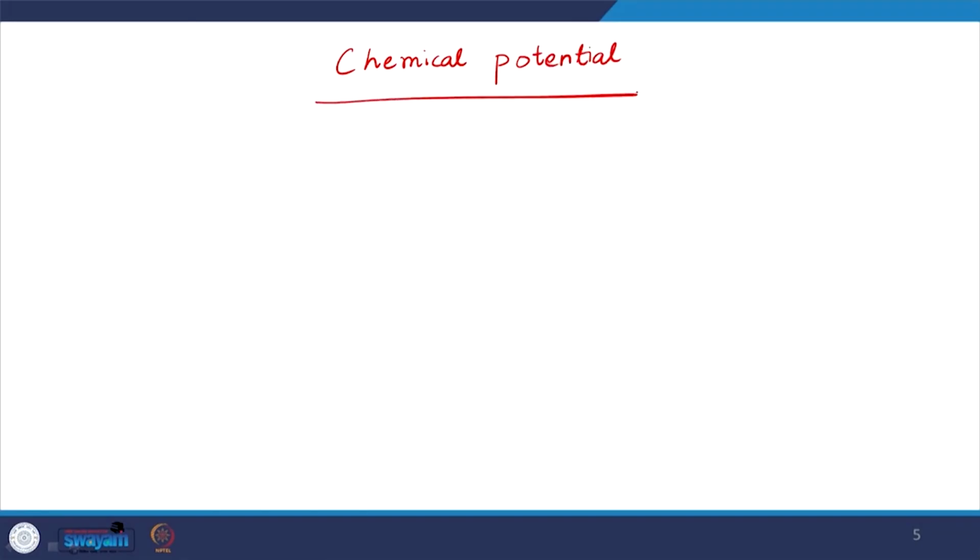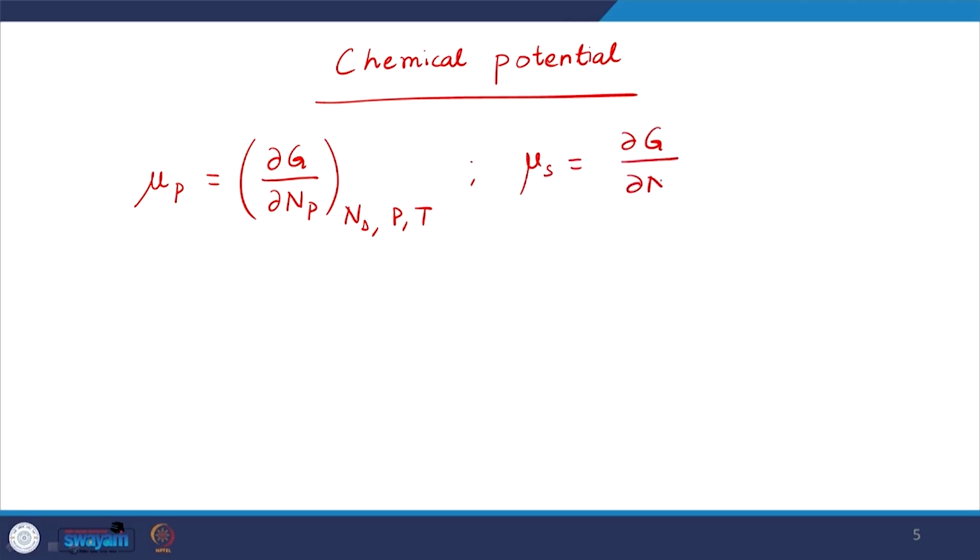So, by definition, the chemical potential of the solute is given as ∂G/∂Np at constant Ns, pressure and temperature. Again, pressure is inconsequential here, and mu s is given as ∂G/∂Ns at constant Np, pressure and temperature.